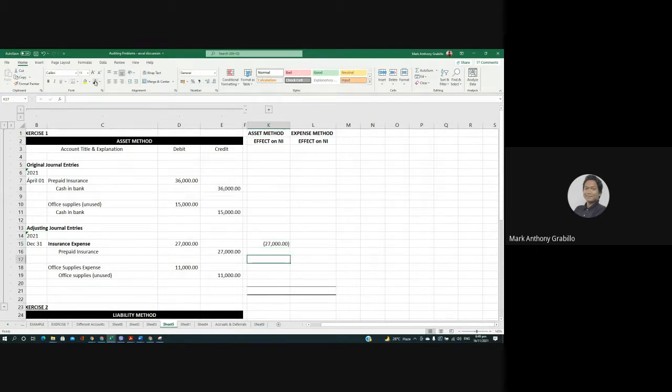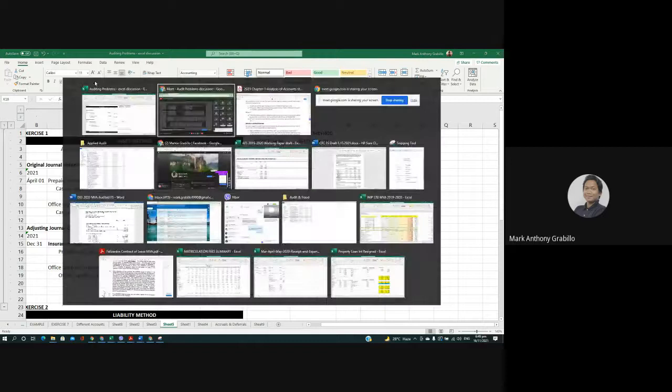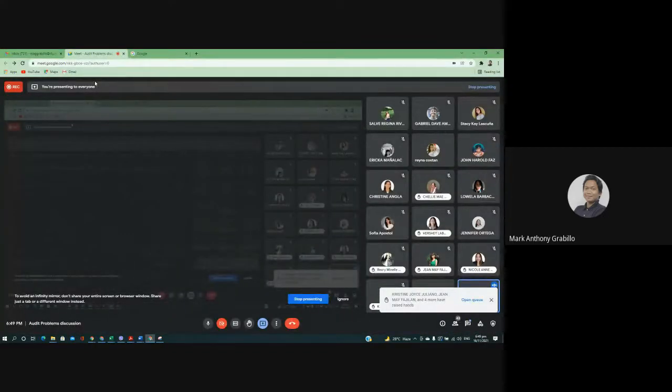So deduct 27,000. What will be the effect nung office supplies sa net income natin kapag at the end of the year, hindi nagkaroon ng adjustments? Will it be overstated or understated? Yes, Rexry.